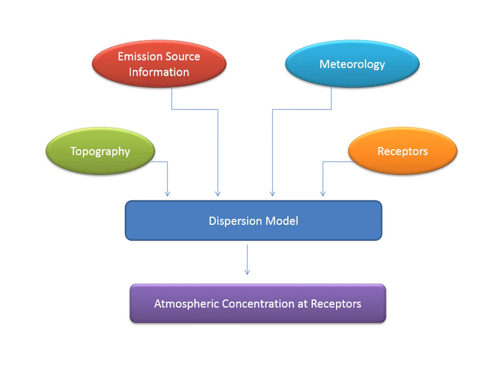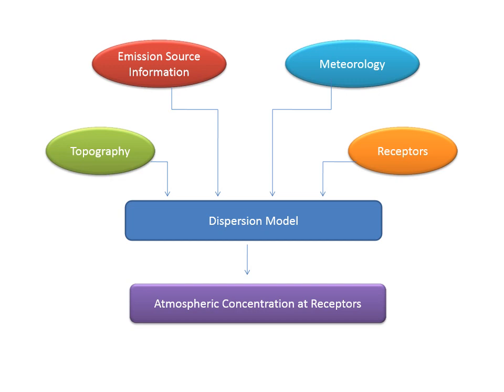From this figure, you can see that the atmospheric concentration at any point or at any receptor can be found using a dispersion model, which is based on the data received from the topography of that area, the emission source information, that is the stack height, the source strength, etc. Then the meteorology, which may include the wind conditions, then any other receptors that are involved.